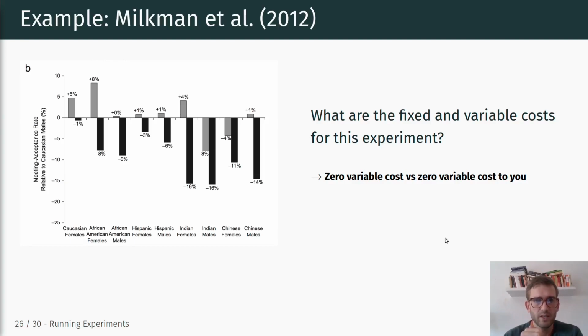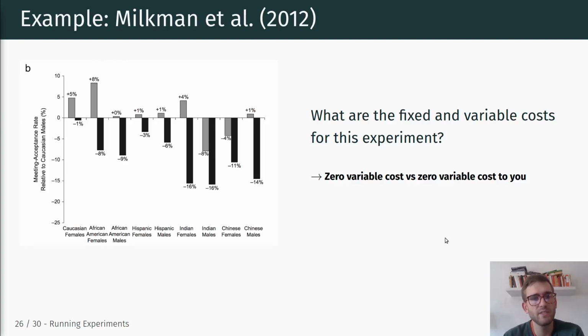So another important point related to that is that there's a differentiation between zero variable cost for you as a researcher, because this whole project was just sending emails to faculty asking for meetings, so zero variable cost for you, but it's not necessarily zero variable cost for society, so to speak, because the faculty who are responding to those emails, of course, take time responding to that request, right?